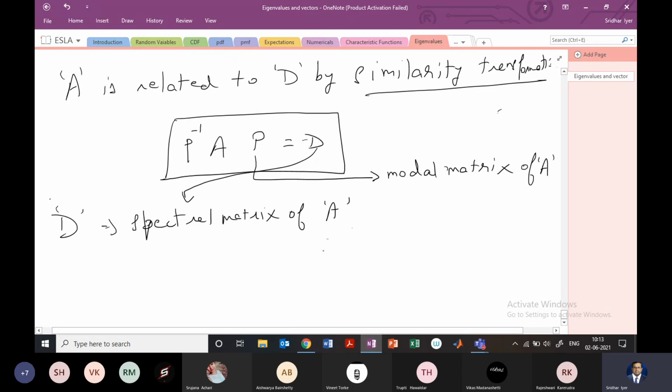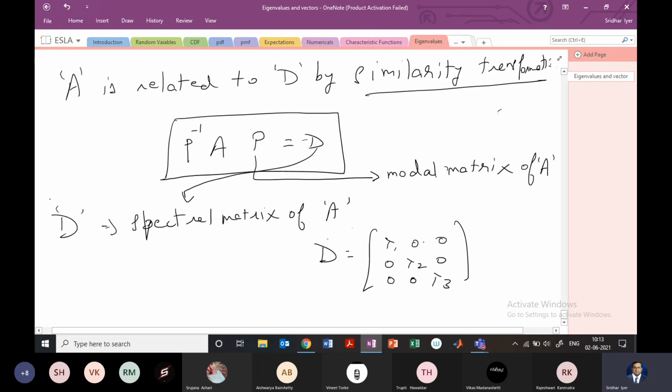That means it is going to look like lambda 1, lambda 2, lambda 3, where these lambdas are the eigenvalues. I've put zeros elsewhere, but there could be other values; the lambdas will be on its diagonal.